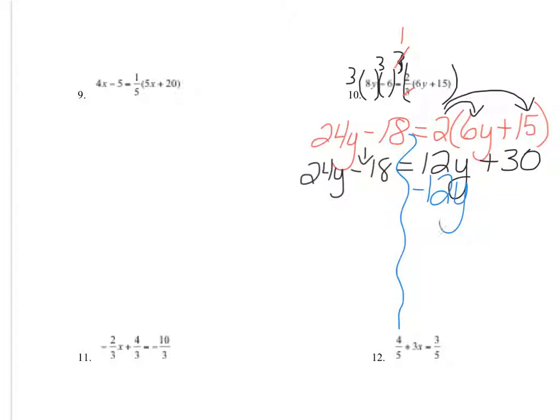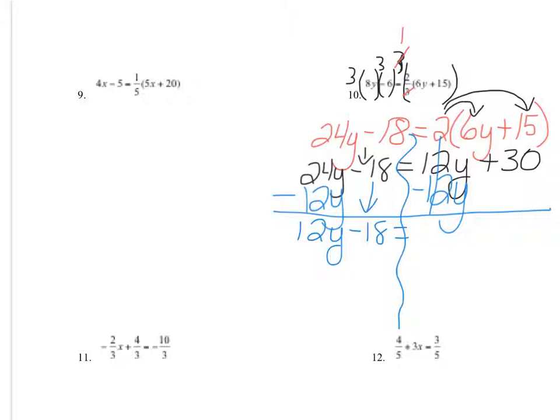So minus 12y, minus 12y. See, even the teacher makes mistakes. That cancels. 24y minus 12y gives me 12y. Bring this down, minus 18 equals, bring this down, 30.